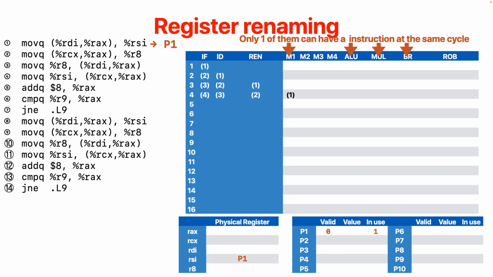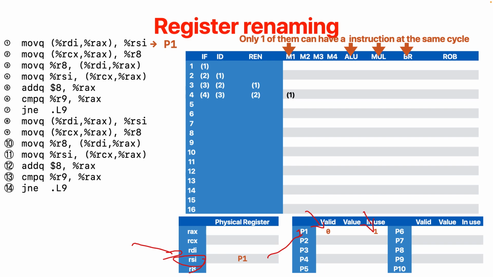At this point, in my physical register and architectural register table, it will say RSI is in P1. So in the future, if anyone is referencing RSI, it will check P1. But if you look at P1, it's currently invalid but in use, meaning that someone is generating its result. So if any instruction needs P1, at this point, you cannot proceed.